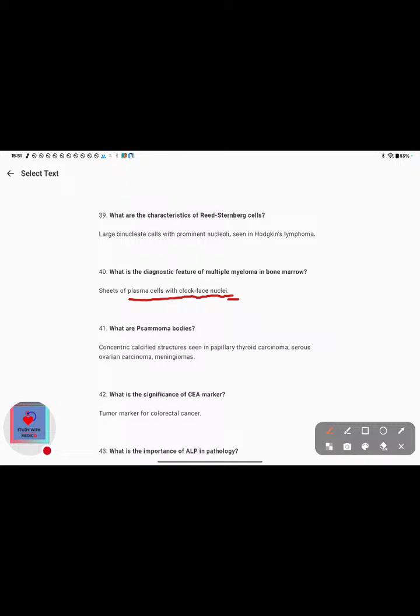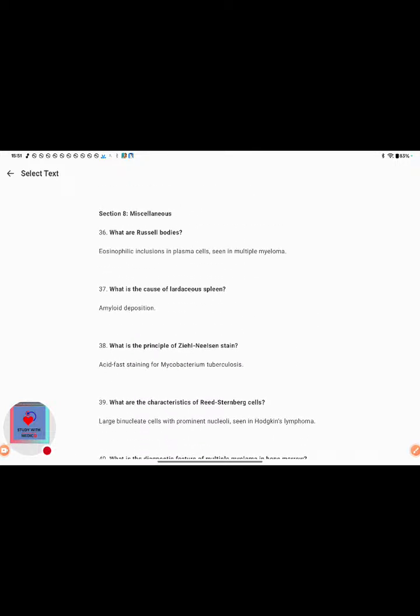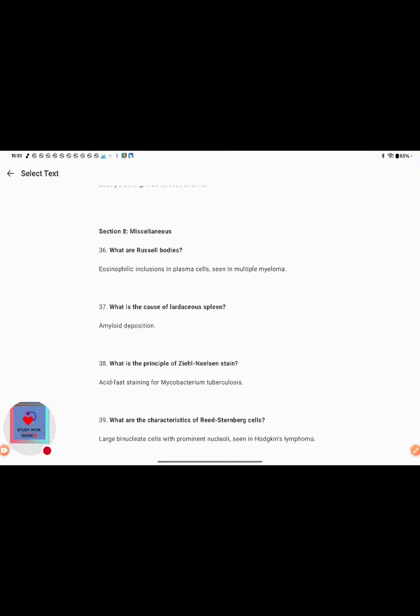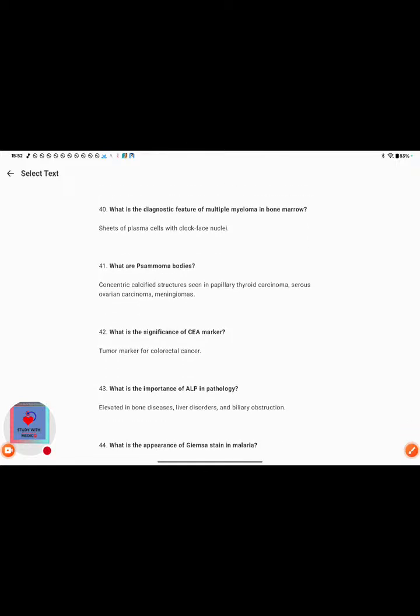You see Russell bodies in multiple myeloma. Russell bodies are eosinophilic cytoplasmic inclusions, eosinophilic inclusions in the plasma cells seen in multiple myeloma. So plasma cells with perinuclear clearing and clock face chromatin.